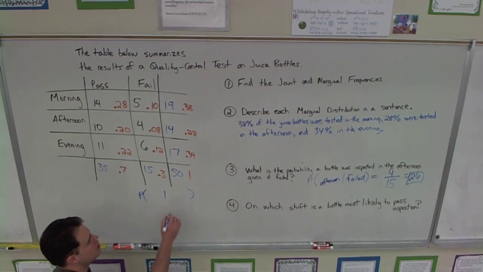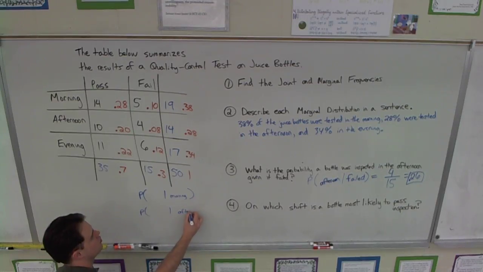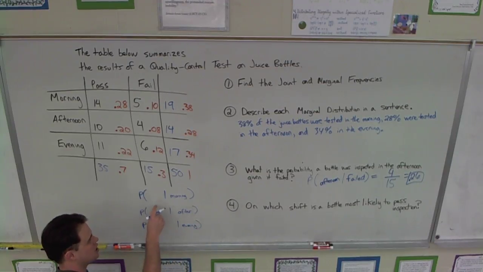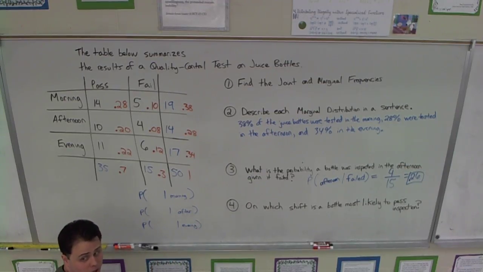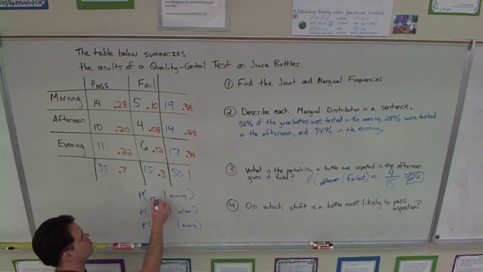So let's say given, I think we could look at given the morning, and then on this one, given that it's from the afternoon, and then this one, let's look at given that it's from the evening. And each time we want to look at the probability of what? That it passed.